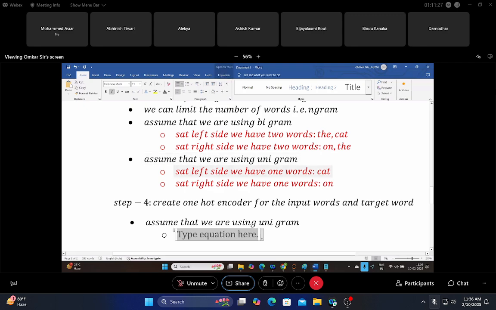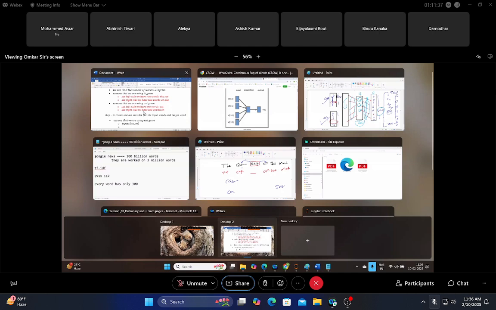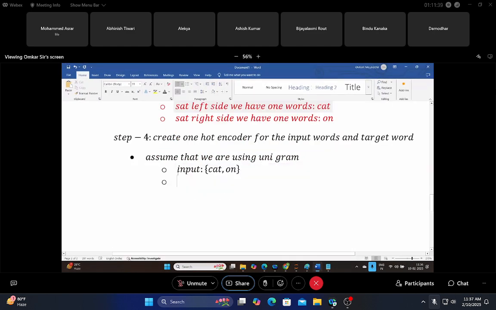Then input equals only to a, what are that? Cat, on. Then output equals what? Sat.